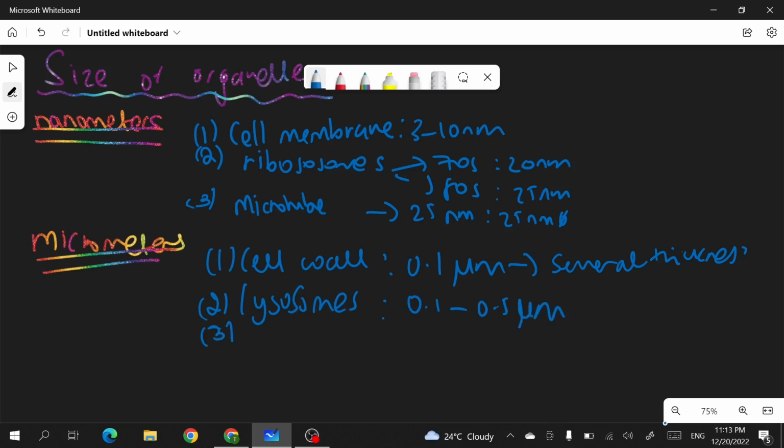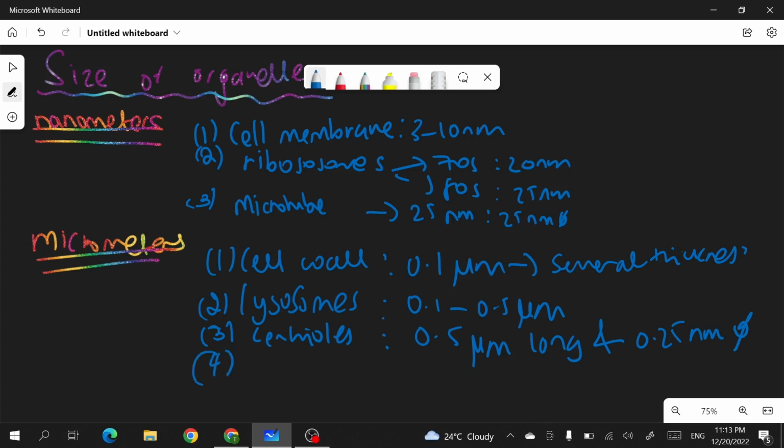Then you've got centrioles, 0.1 micrometers to 0.25 micrometers long, and 0.25 micrometers in diameter.